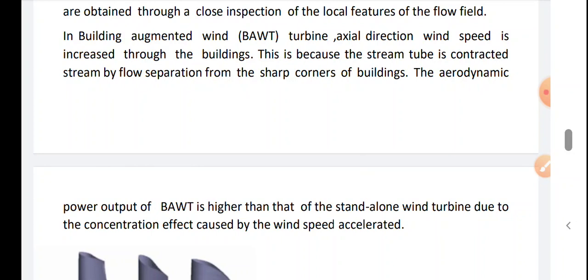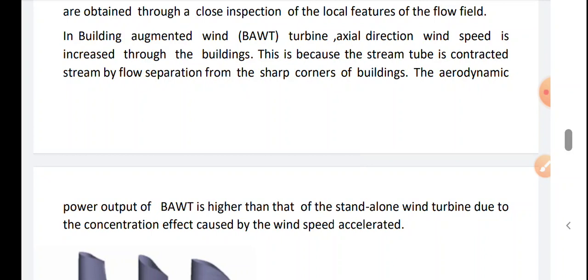The aerodynamic power output of a building augmented wind turbine is quite high in comparison to a standalone wind turbine due to the concentration effect caused by the accelerated wind speed.